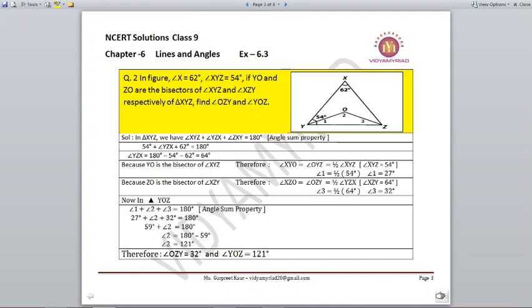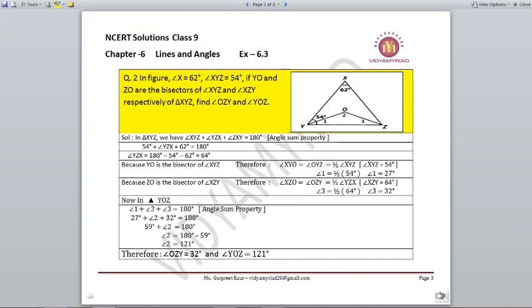Now first of all, I find out what my angle Z is. I have X with me, I have Y with me, I don't have Z with me, which I can easily find out with the help of angle sum property. By using that, angle YZX comes out to be 64 degrees. Now you have Y as 54 and you have Z as 64.